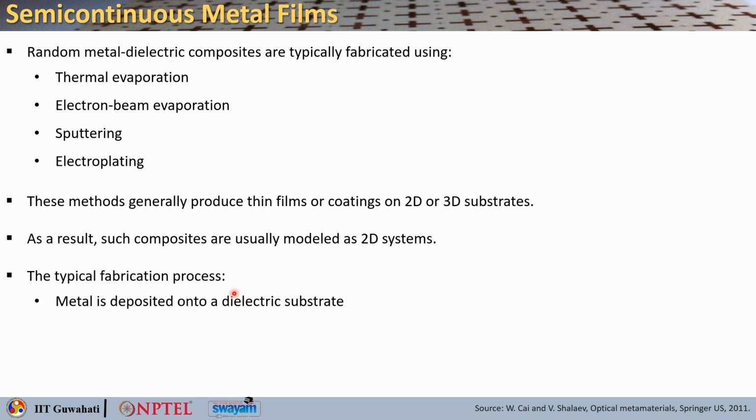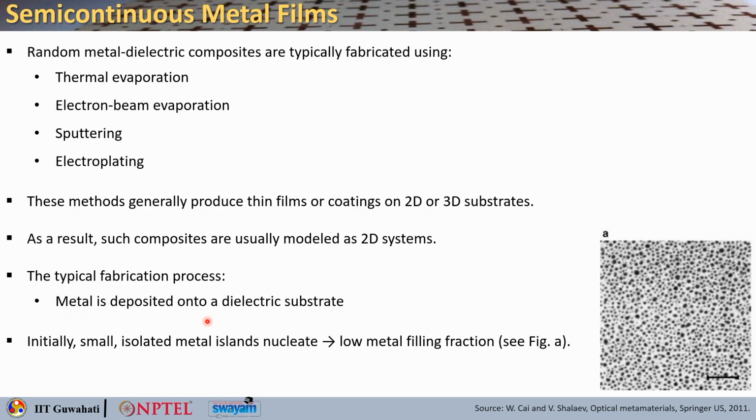So, a typical fabrication process will follow like this, that you have metal deposited on a dielectric substrate, okay, and you can see that during the deposition process, small and isolated islands nucleate first on the substrate, and a composite with a low metal filling fraction similar to this kind of sample begins to develop.